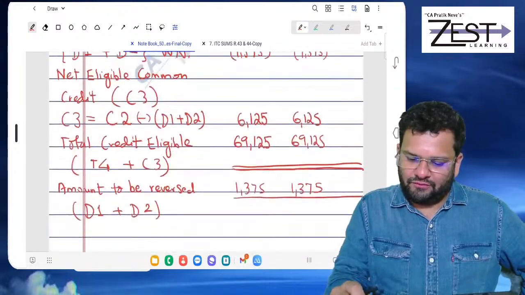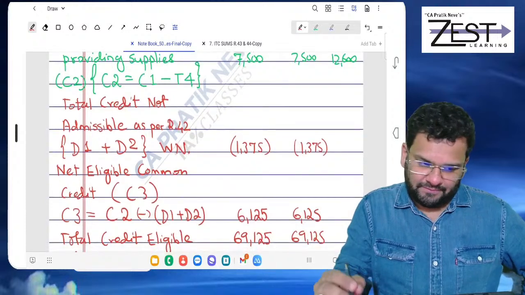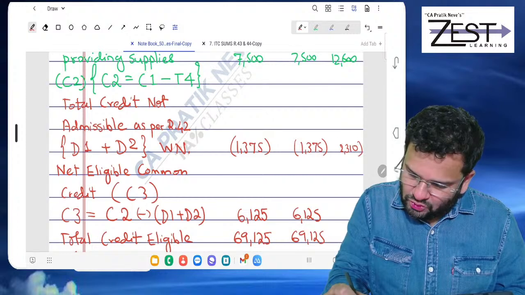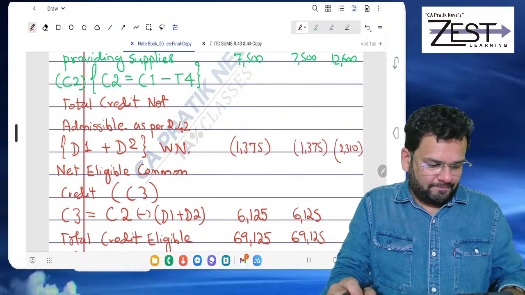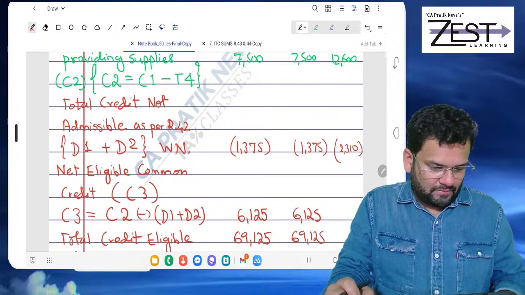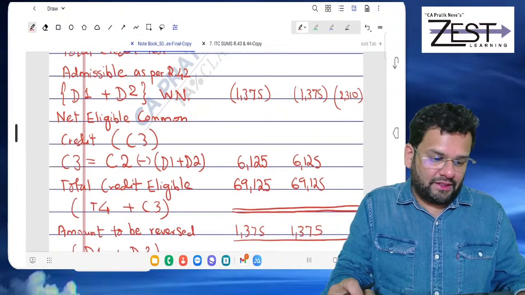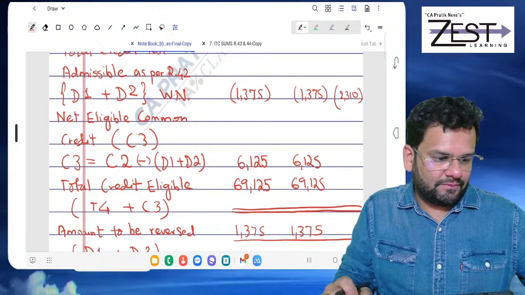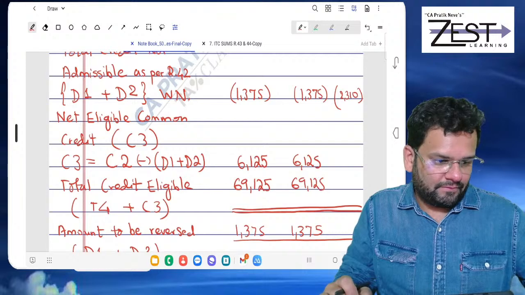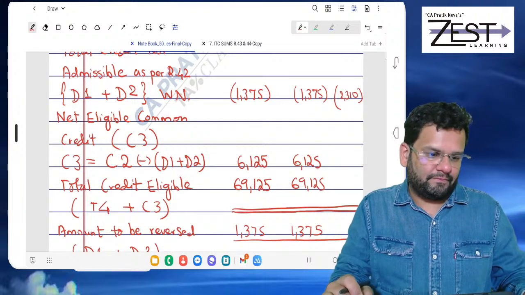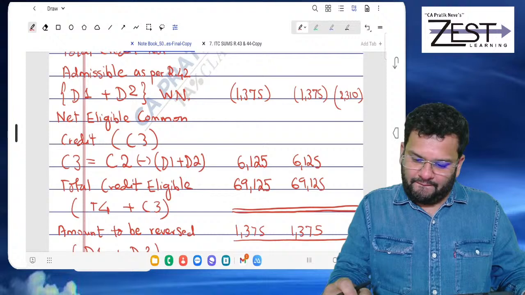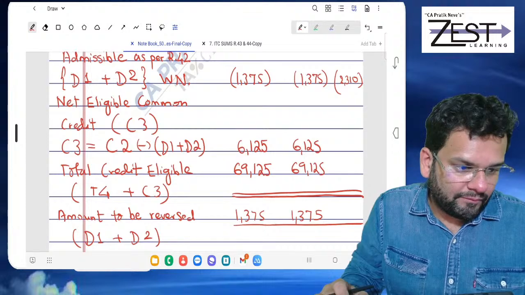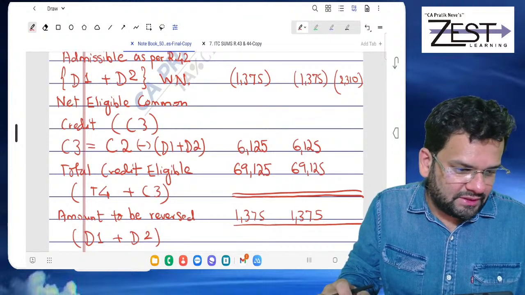Isn't it 2310 here? Yes, it is 2310 here. So can you tell me? It is 10,290. Did you get it?